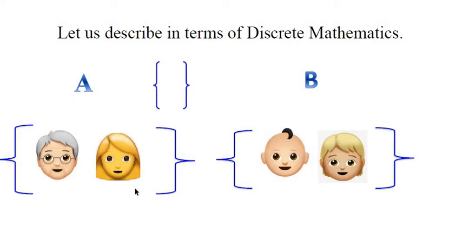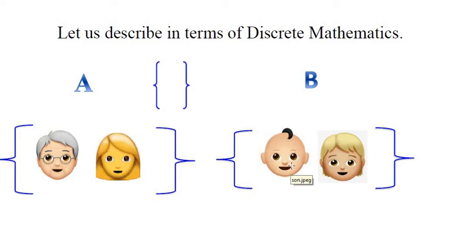Okay. If we take two sets A and B, the set A having father and mother, and inside B we have daughter and son.